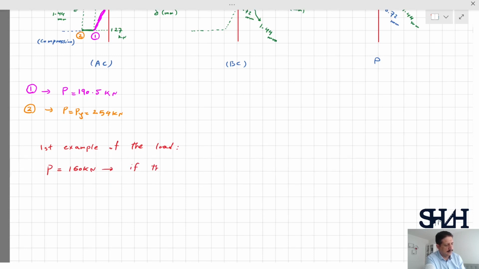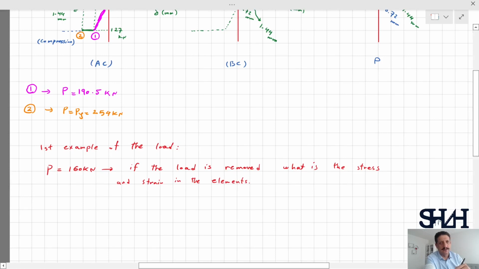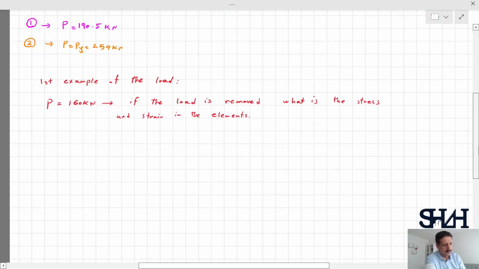If the load is removed, what is the stress and strain in the elements? The answer is obvious. We will just cross-check how it works in practice.